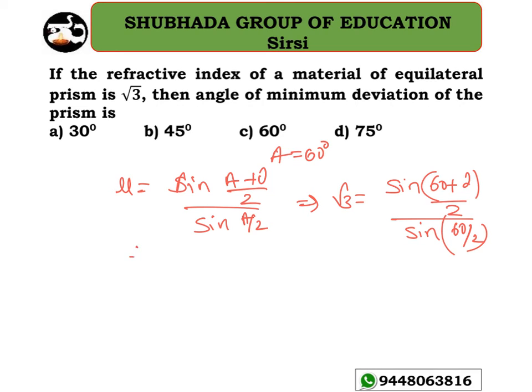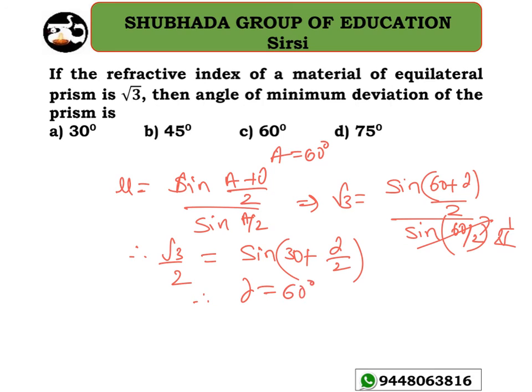Sine 30 is 1 by 2, so taking that to the LHS, root 3 by 2 equals sine of (30 plus delta by 2). Simplifying, sine inverse of root 3 by 2 is 60 degree. 60 minus 30 is 30, and 30 into 2 is 60. So delta is equal to 60 degree. Option C is the right answer for this question.